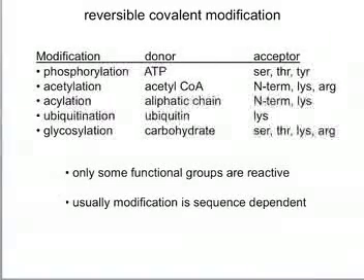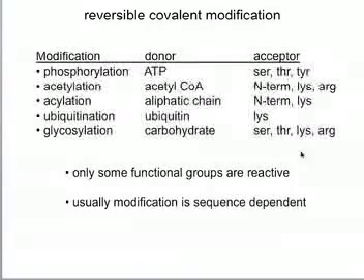And it's worth pointing out that the donors in these cases are useful indicators of the metabolic state of the system. ATP, of course, being the energy currency, but of course acetyl-CoA being just as important in determining the metabolic state of the system. So you can imagine that it will be useful to use these very molecules that tell on the metabolic state of the system to actually modify the enzymes involved. And we'll see that when we look at our reader article in class.